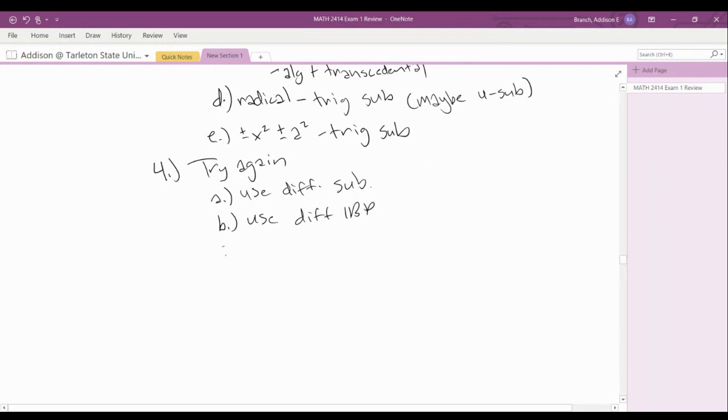Part C, or another one, would be try playing with the integrand and do different algebraic manipulations with it. If you think back to when we did the proof for secant of x, that's a good example of messing with things in the integrand to get you to a form where you can say, oh, I can integrate this now.